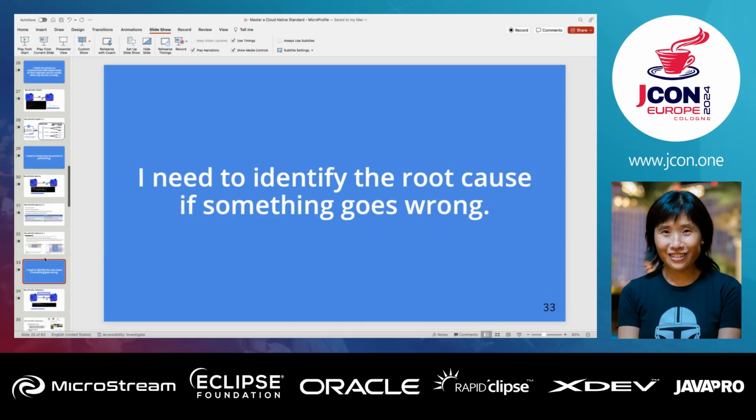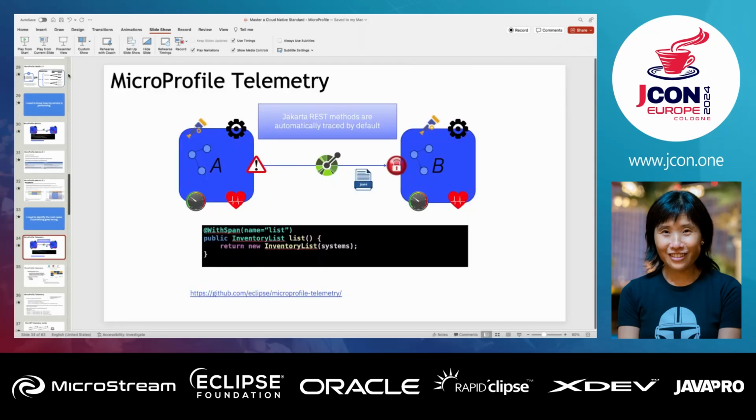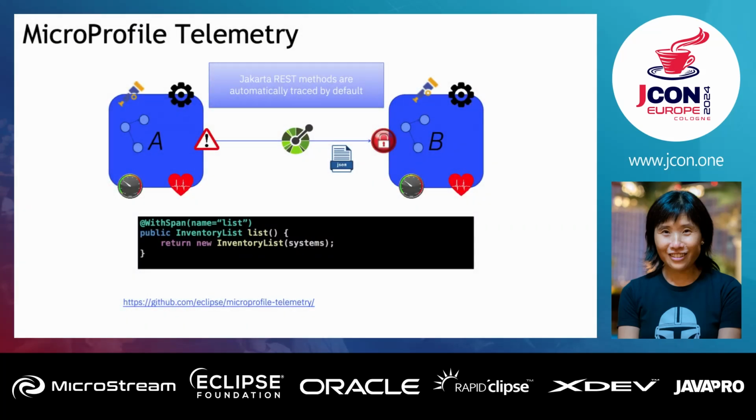So next one is about telemetry. If something goes wrong, you need to figure it out, because in the microservice world, A calls B, B calls C, C calls D, all for one request. If you are not careful and you don't know where the problem is, this is where telemetry comes into play.